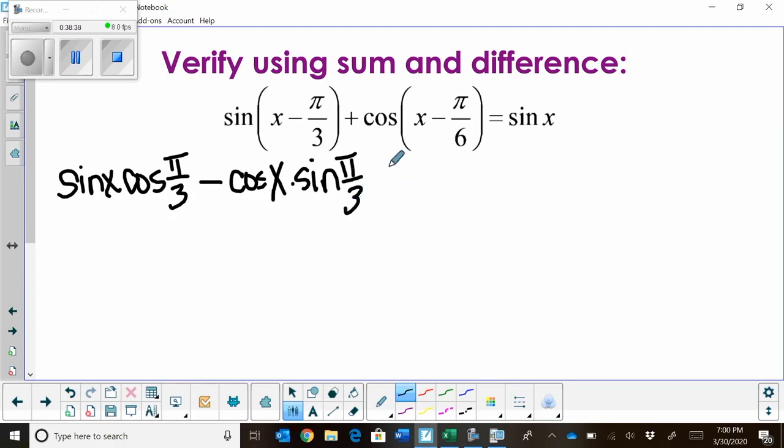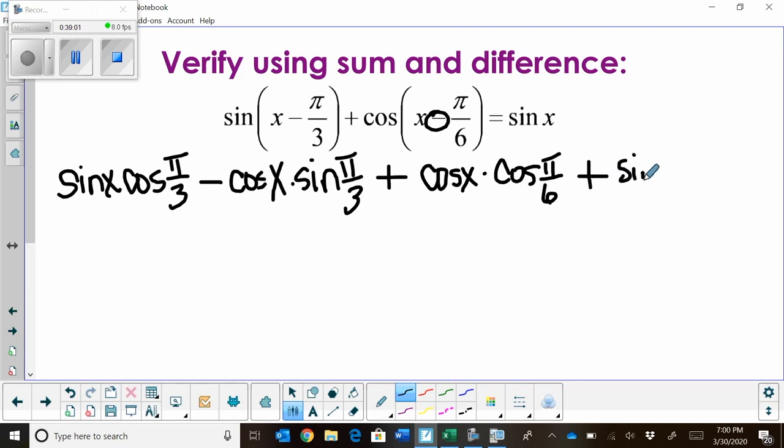We're going to take that and add to it this expansion. This expansion is cosine times cosine, so cosine of x times cosine of pi 6. Now we need to change this sign, so it's going to be another addition sign. Sine of x times sine of pi 6.